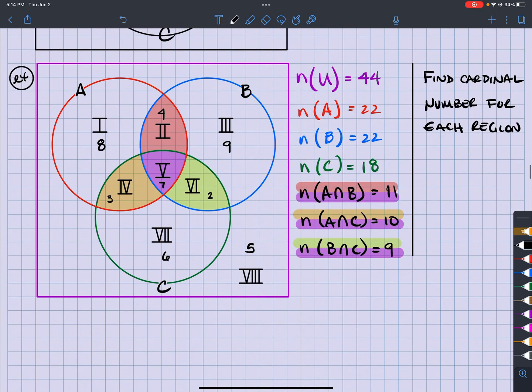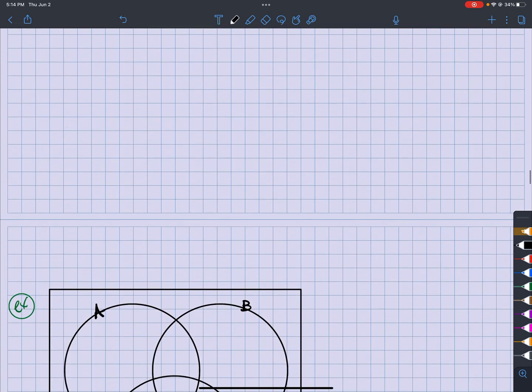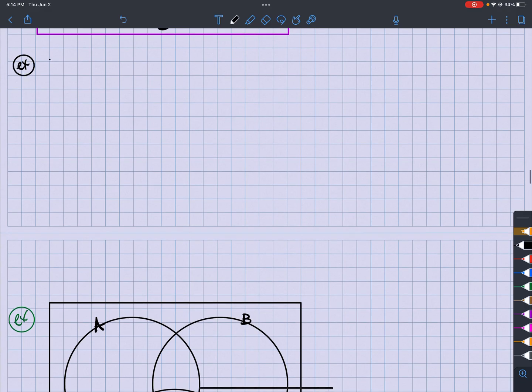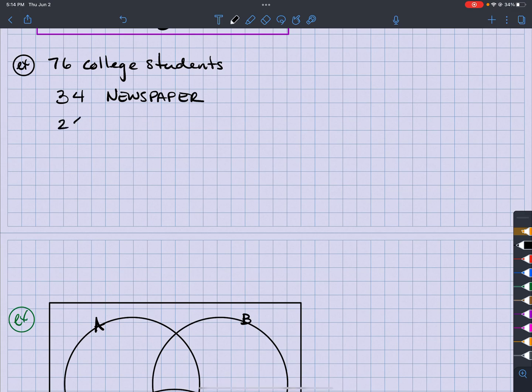All right, so next example is going to be this. It's going to be a word problem, a surveying problem. So what it says is that there are 76 college students that responded. 34 of them get their news from the newspaper, and 24 of them get their news from the television.